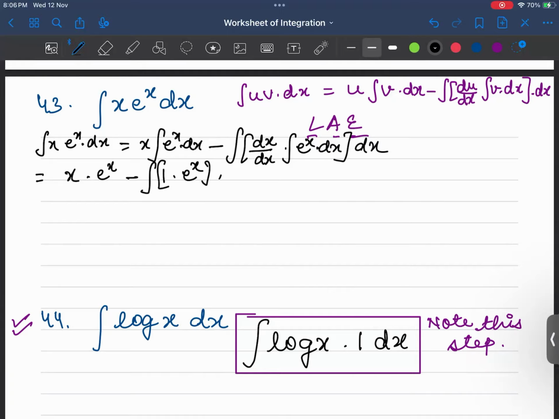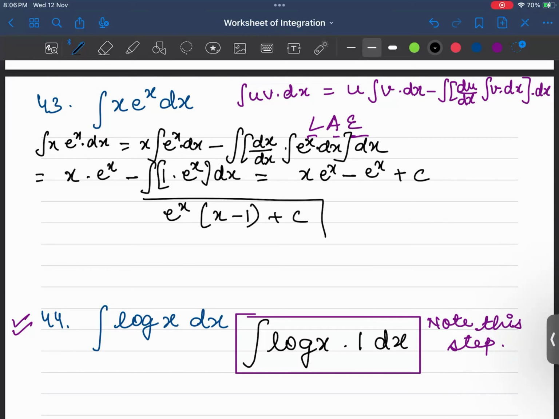We have to integrate it whole. Answer would be x e power x minus e power x, integration would be e power x plus c. So I can leave the answer like this, or even I can write, take the common e^x, it would be e^x (x minus 1) plus c. My answer, I think, is clear.